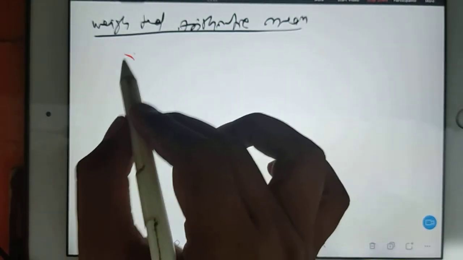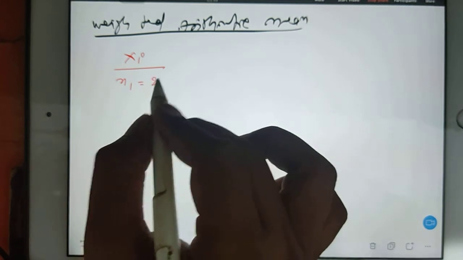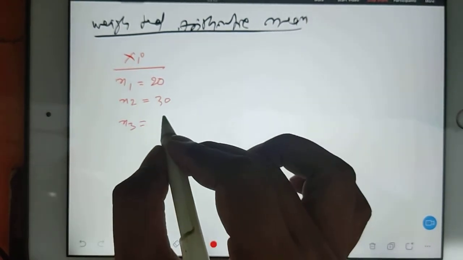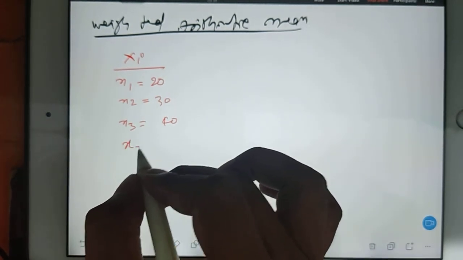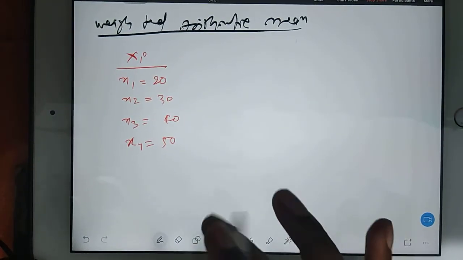Suppose your numbers are listed here. Suppose x1 is given as 20, x2 is given as 30, x3 is given as 40, and x4 is given as 50. And there is a term called weight.